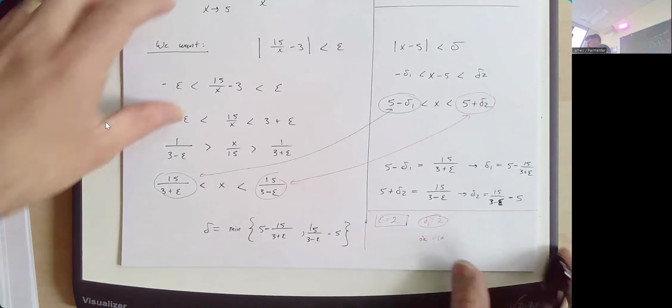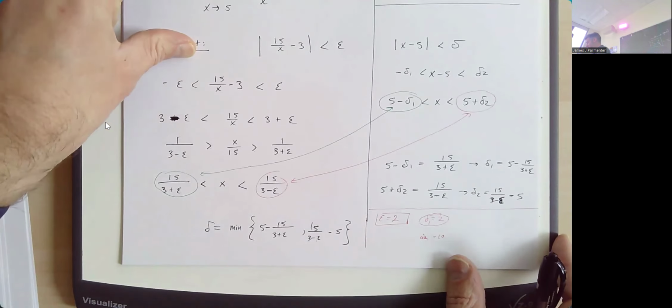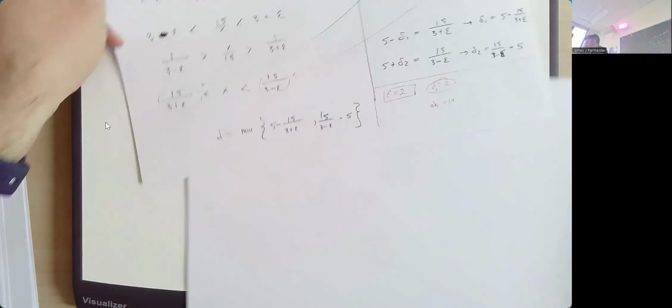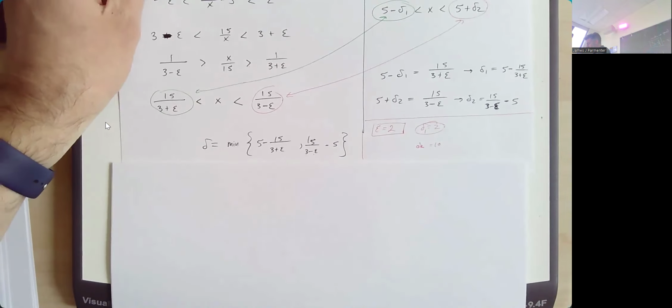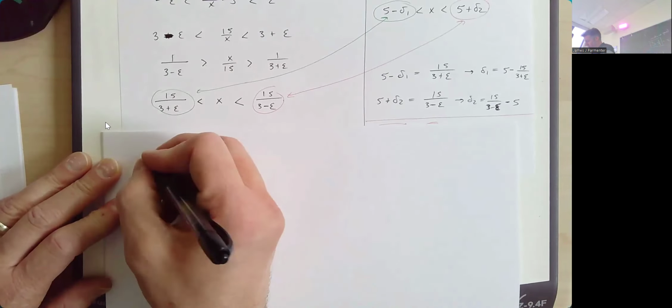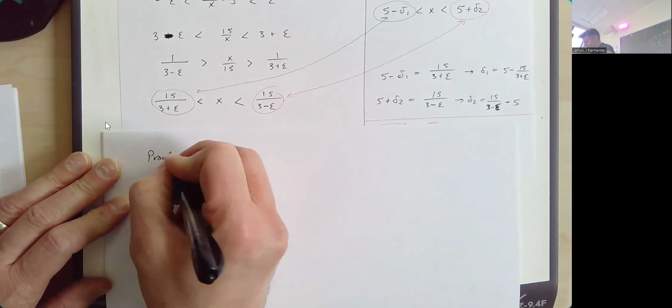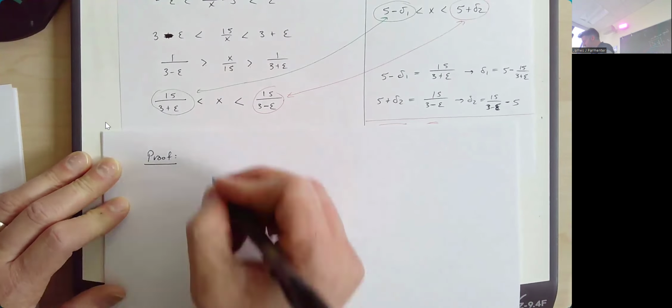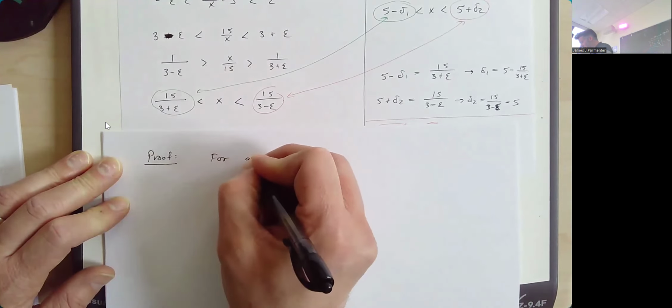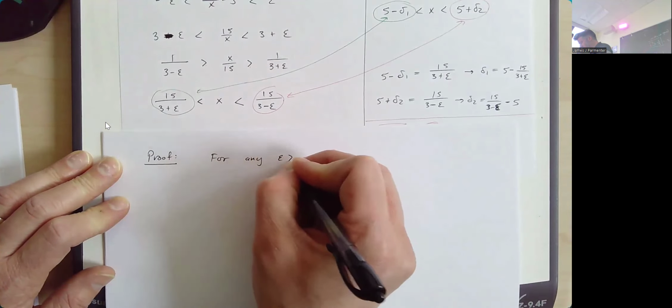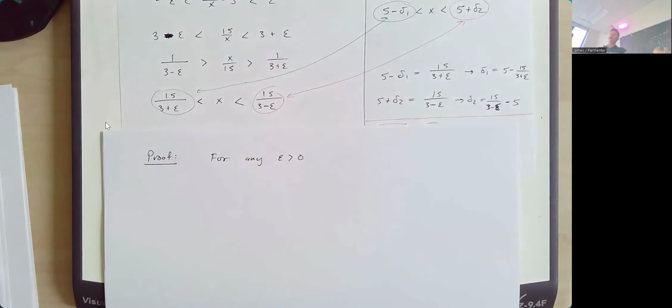And then our proof, which I would try to write on the same page if I had enough space, my proof would be okay. For any epsilon greater than 0. That is always the beginning, or let epsilon be greater than 0.